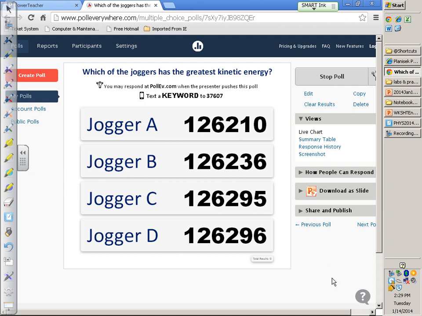So, take an educated guess about which of those joggers is going to have the greatest amount of kinetic energy.